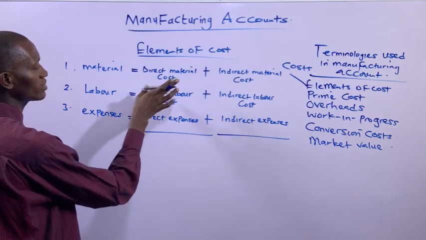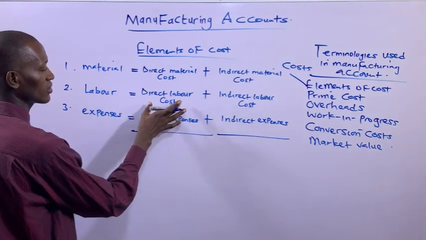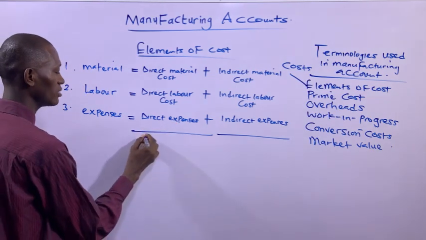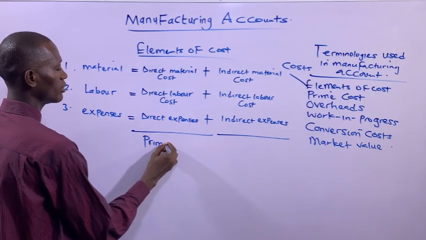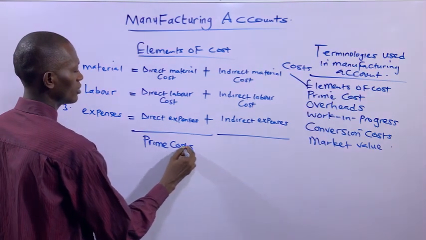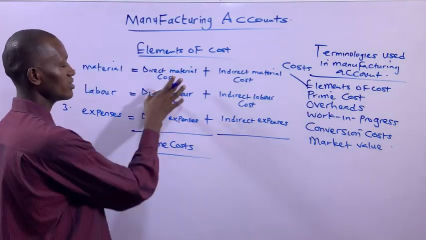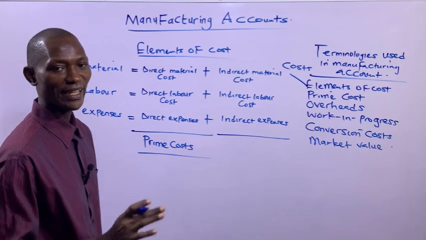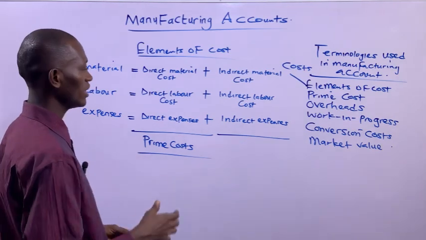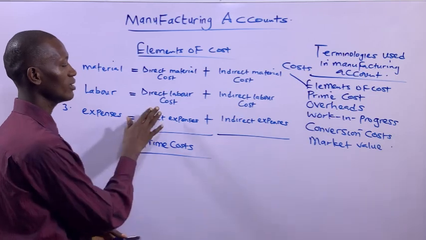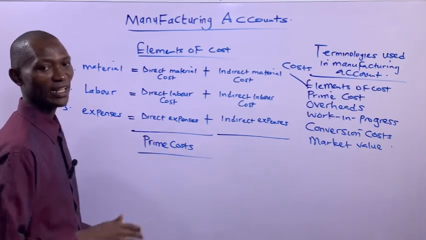So when you have direct material cost, direct labor cost, and direct expenses, you are going to have prime costs. Prime cost is the addition of all direct costs, and examples of direct costs are direct material costs, direct labor costs, and direct expenses.